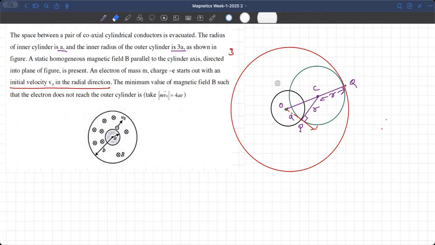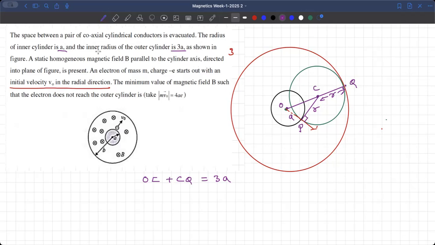Please try to understand very clearly. OC plus CQ is the distance between inner and outer, which is nothing but 3A.